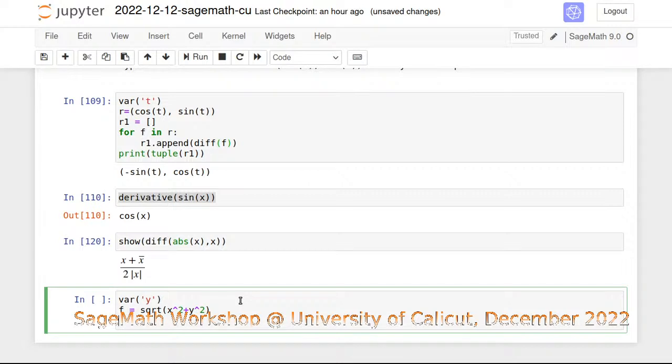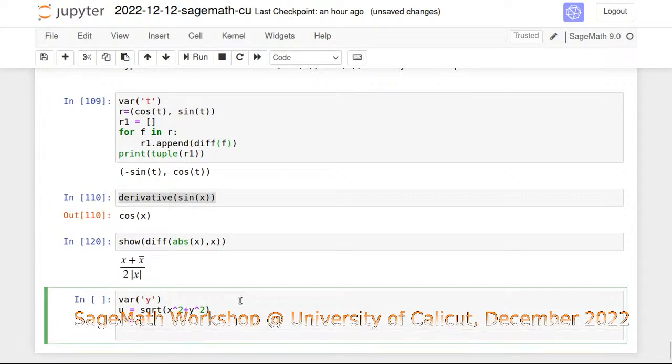This is real, right? Therefore v is 0 here, so this is just u, and v is 0. So the absolute value of z is not differentiable at any point other than the origin, I guess.